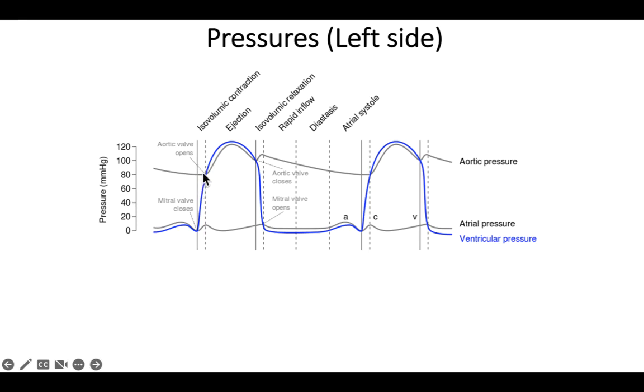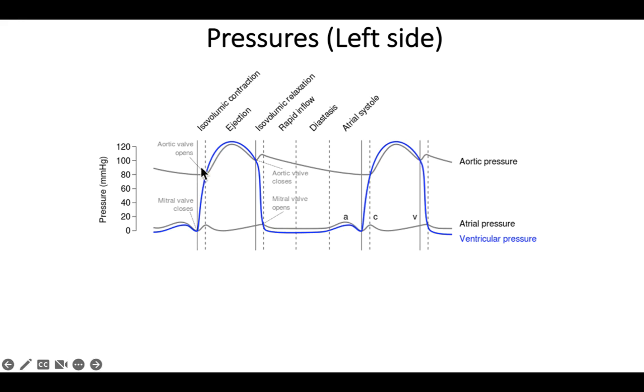All of a sudden, the pressure now in the ventricle goes above the pressure in the aorta. All right, so this top line up here is the pressure in the aorta. So think about it. If the pressure in the ventricle now goes above the pressure in the aorta, that's going to open the aortic valve. So that's the moment we open the aortic valve.